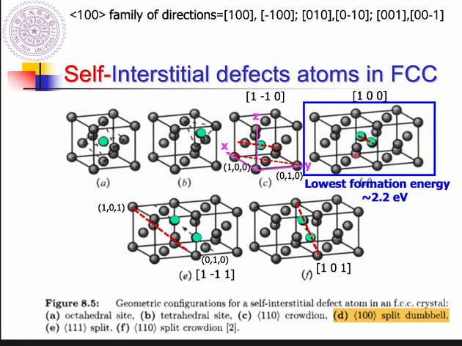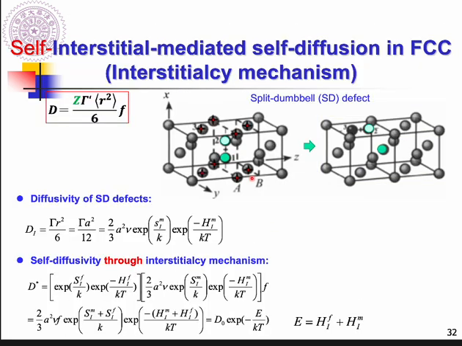Okay, so in the following slides, we will focus on the split dumbbell as our example to demonstrate the host diffusivity through this type of defect. So I'm going to draw this again. I draw two FCC unit cubes together, and they have a shared plane.